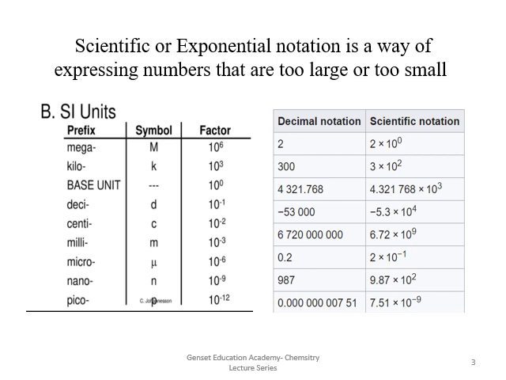Then there is also scientific or exponential notation, a way of expressing numbers that are too large or too small. When you're calculating, some numbers become very big, such that writing them is tedious.